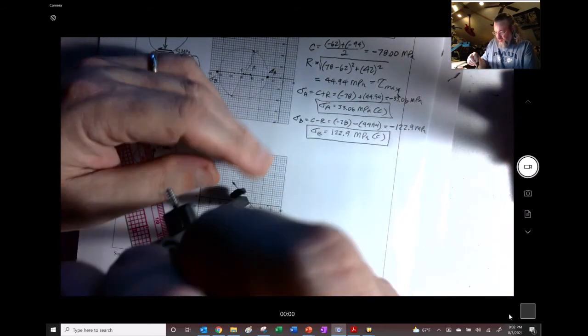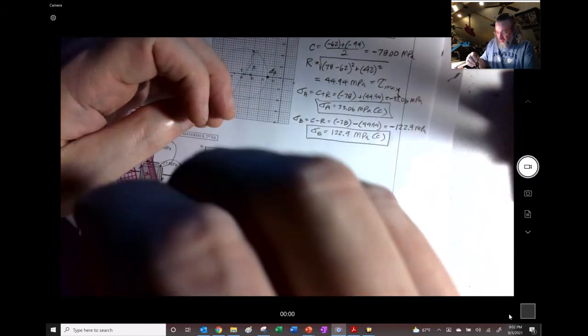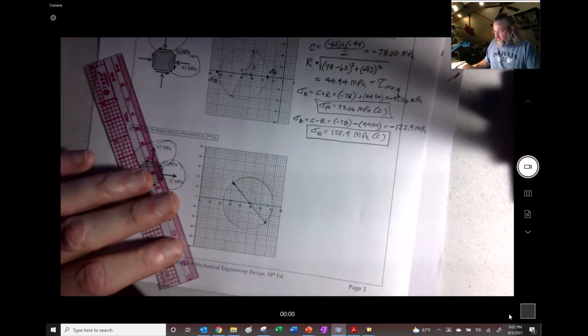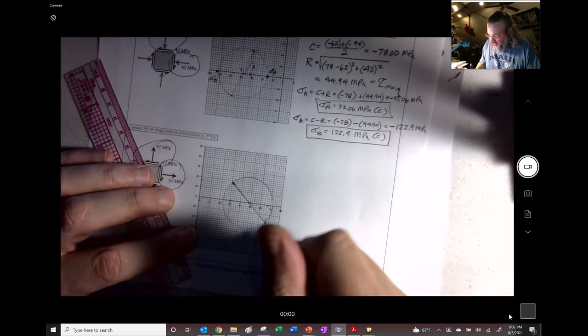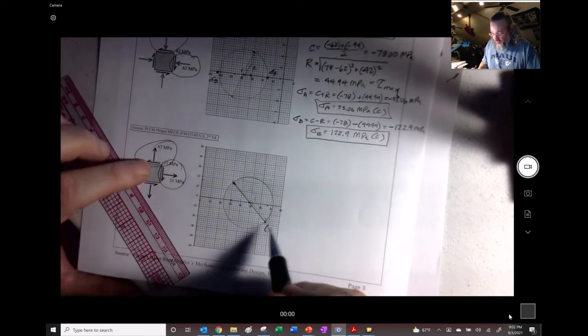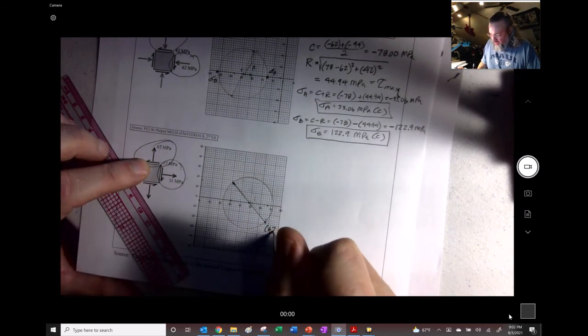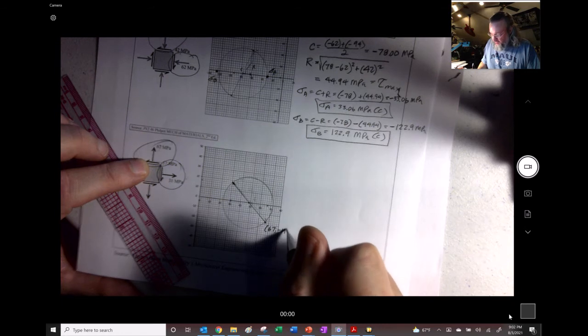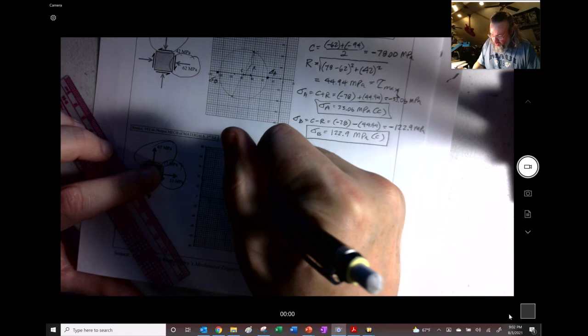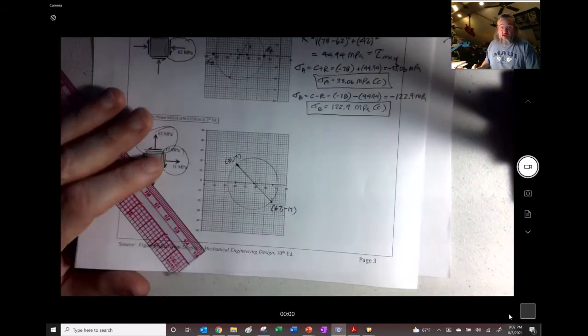This is the whole point of doing it graphically, as a double check that you're making sense of the thing, and to go back and pick it apart if you get something that doesn't make sense. So labeling these points right here, this is the 67 and the negative 17. And this right here is the 31 and 17. All right, so now I've labeled them.